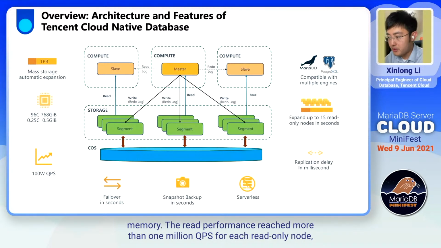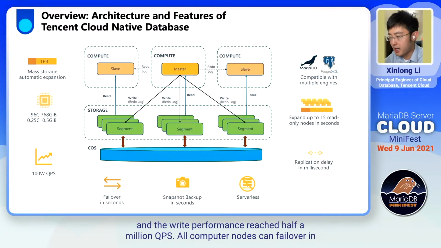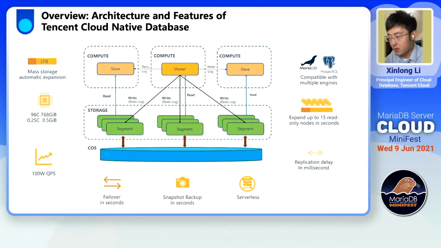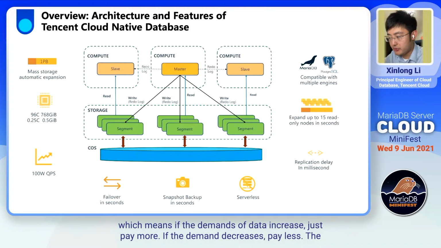The read performance reached more than 1 million QPS for each read-only node, and the write performance reached 500,000 QPS. All compute nodes can fail over in seconds and take snapshots and backups in seconds. Serverless means pay as you need, which means if the demand for data increases, you just pay more. If the demand decreases, pay less.